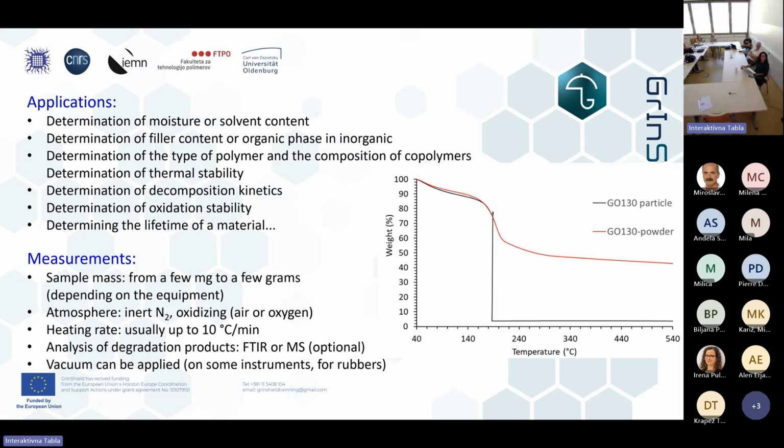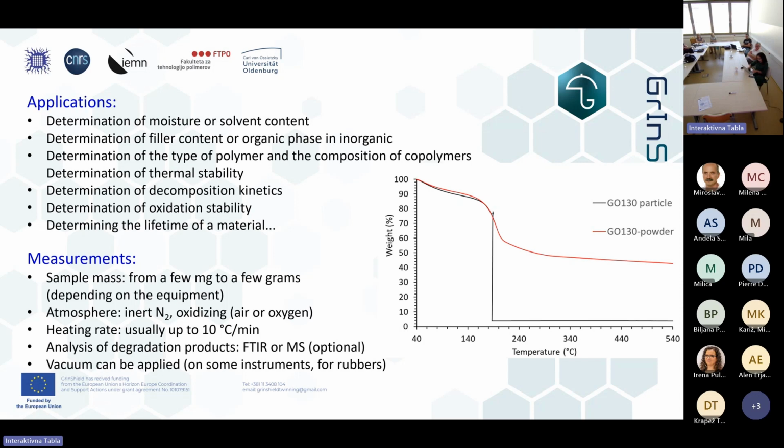If we have a rubber and make TGA, we will get the composition start losing weight at maybe 200 degrees or something, or even before. But it's not really a degradation. We just lose some plasticizers and things that are liquid, and they evaporate actually.